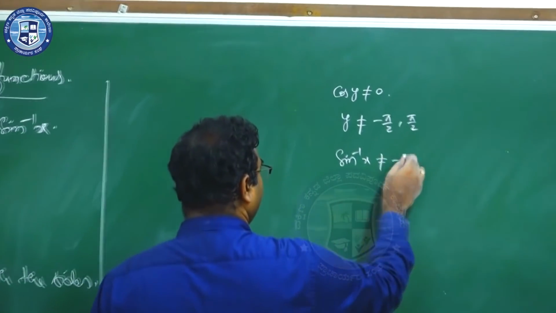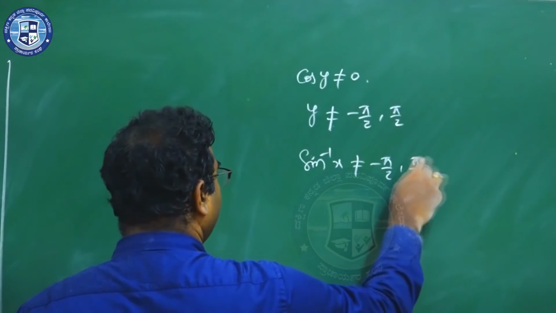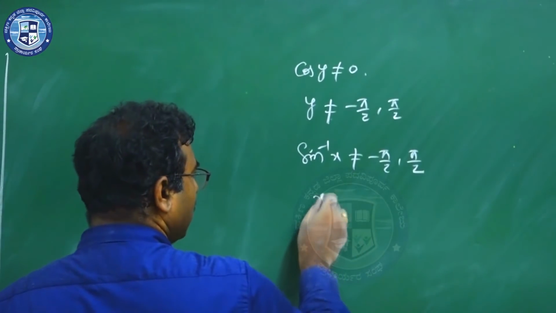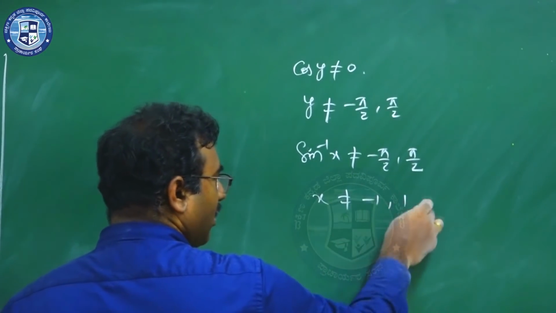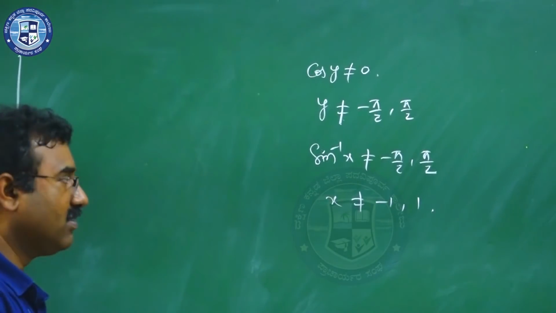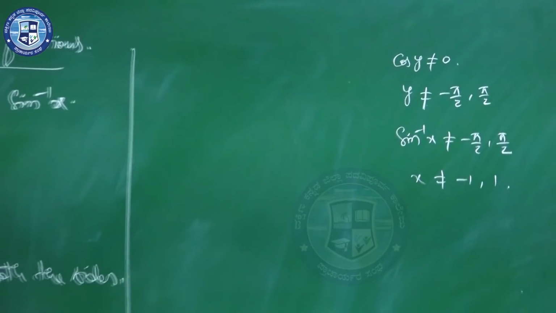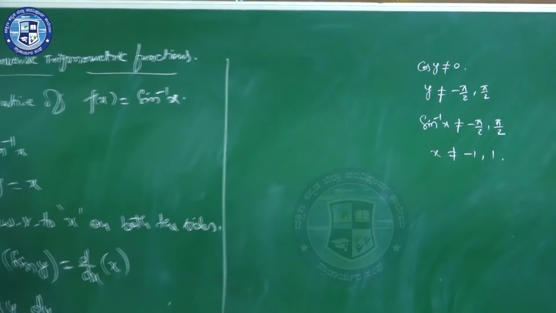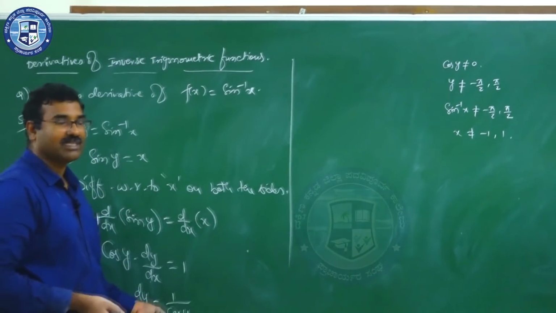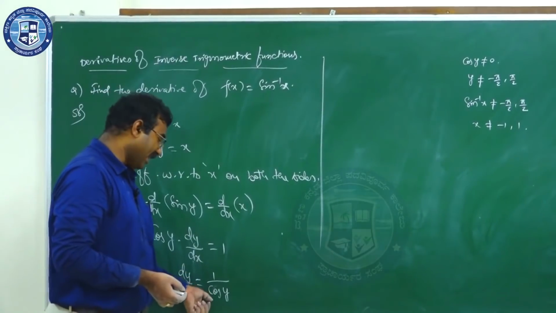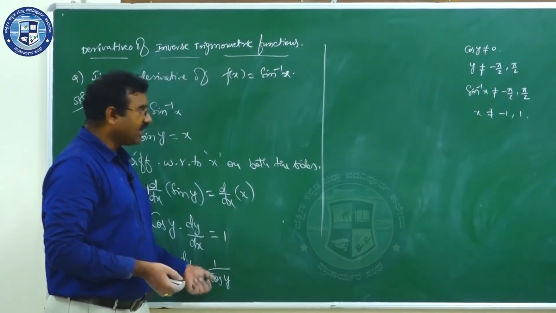Sine inverse x should not be minus pi by 2 or pi by 2. So that means x should not be minus 1 or plus 1. Okay. So we should keep it in mind because whenever a denominator comes, it should not be 0. If it is 0, it becomes undefined. That's the reason we always should be careful with the denominator.